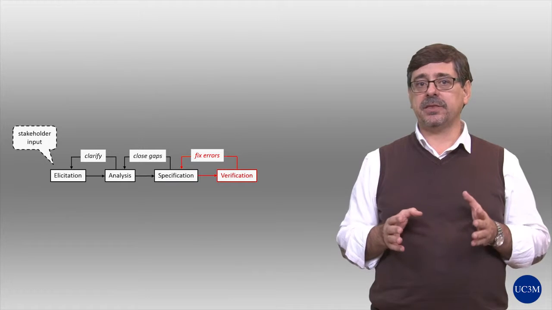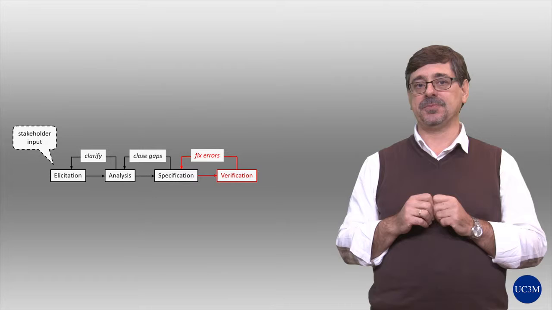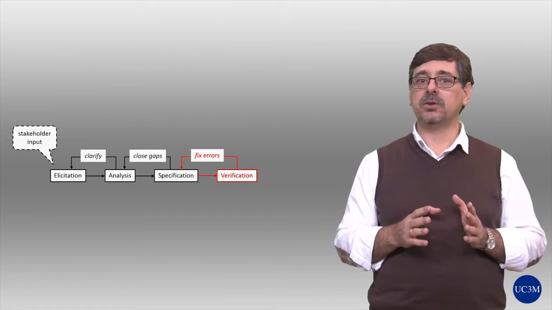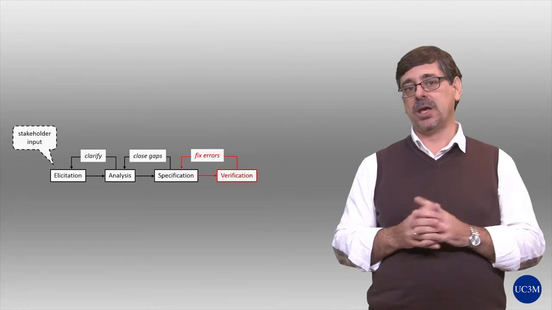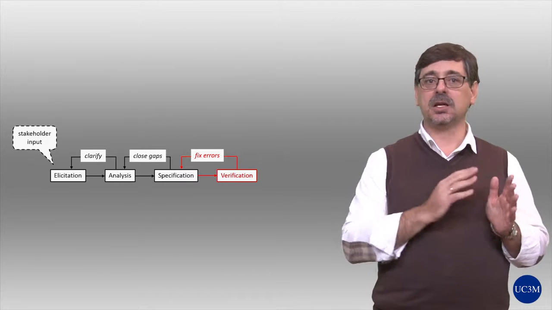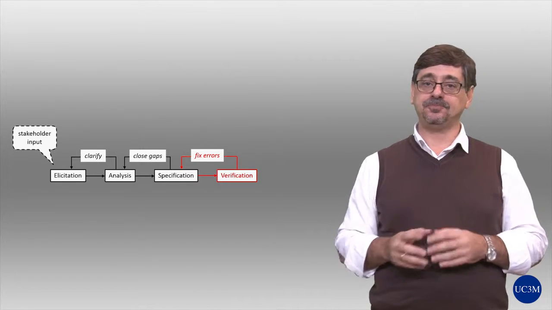Verification assures that the specified requirements are free from internal errors. This activity can be autonomously realized by requirements engineers without stakeholder involvement. The kinds of errors that can be detected and eliminated from requirements include formal and semi-formal errors.